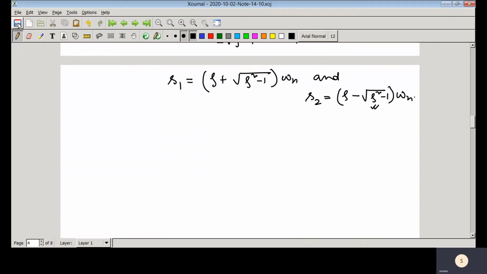The transfer function is given in normalized form in the underdamped situation. That means the second order underdamped response.